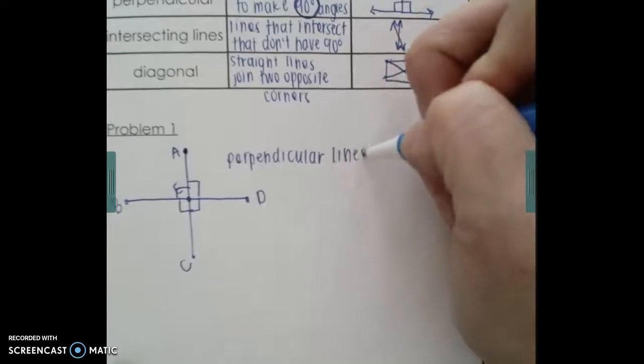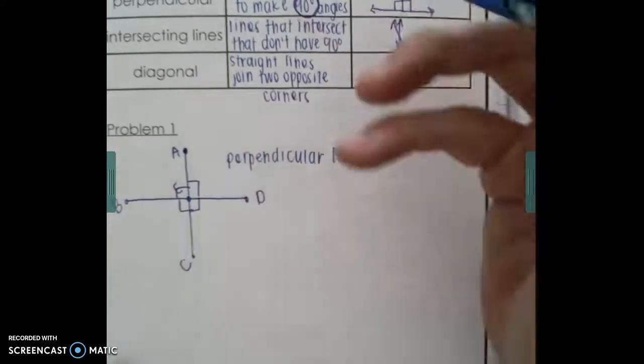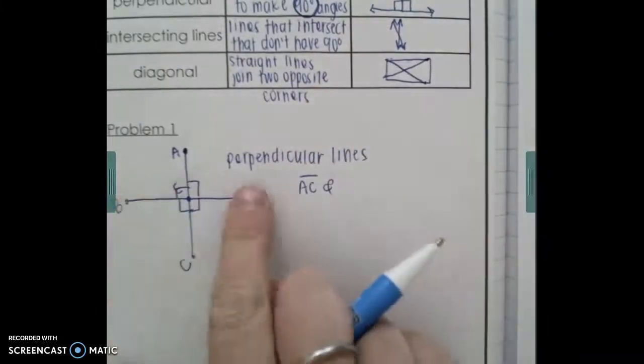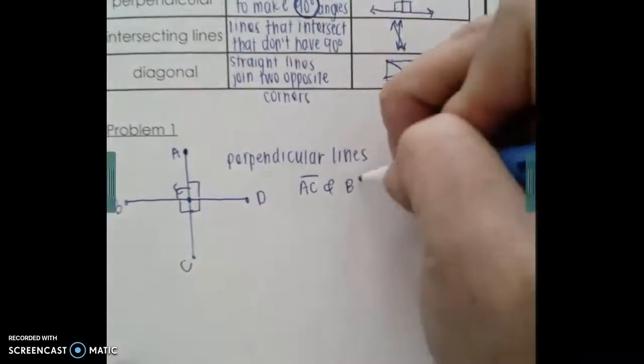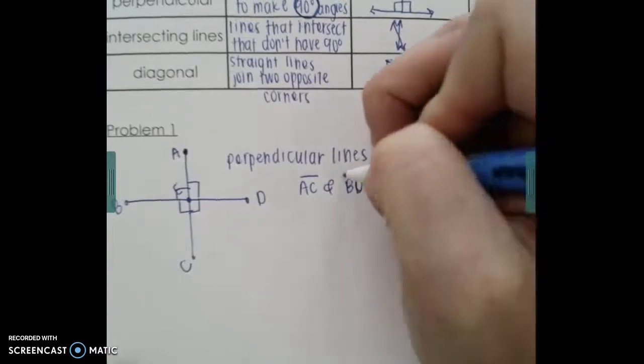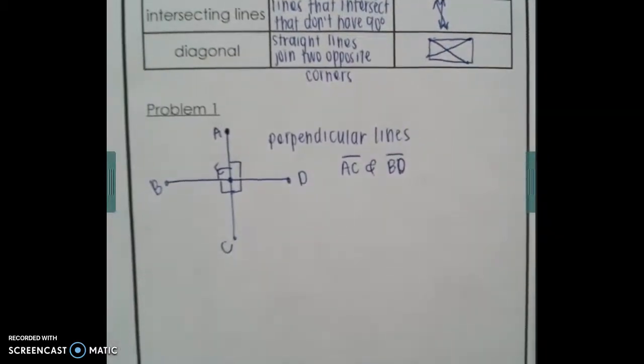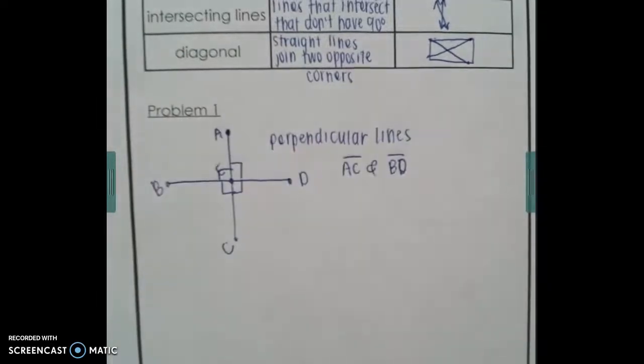So my perpendicular lines would be AC and BD. So let's do an example of lines that would intersect that are not perpendicular, so just intersecting lines.